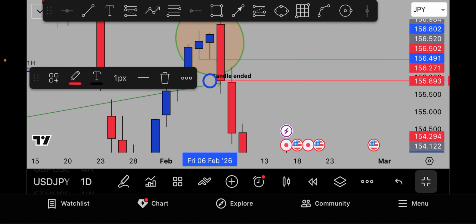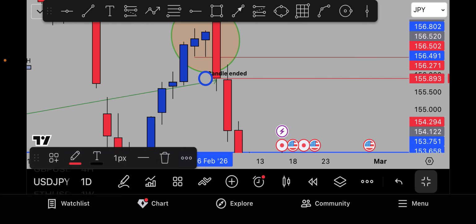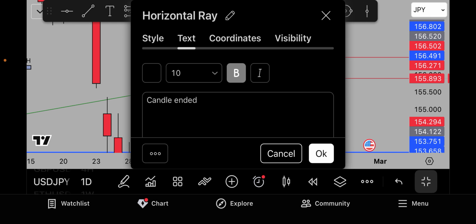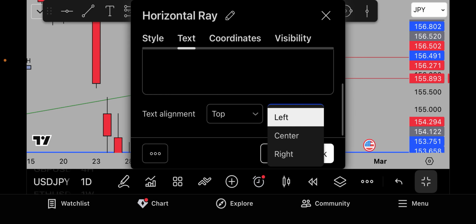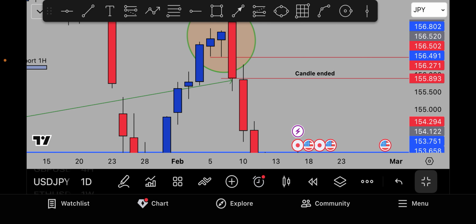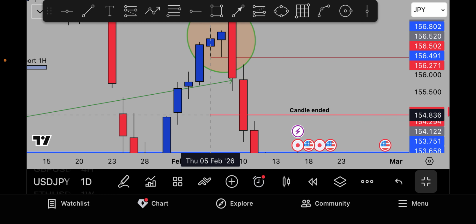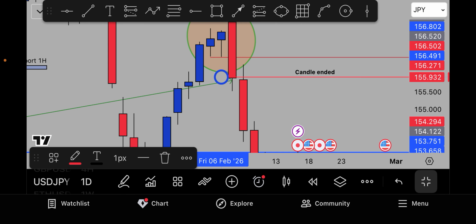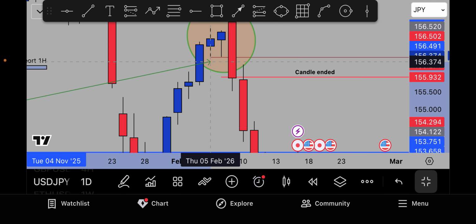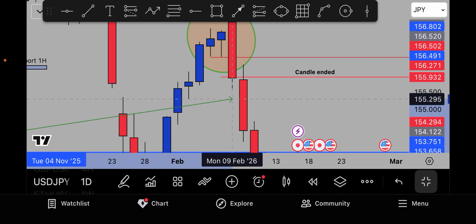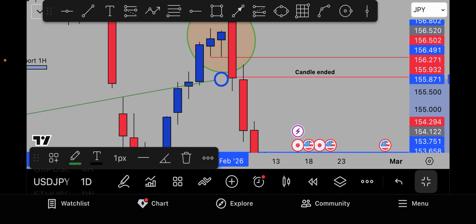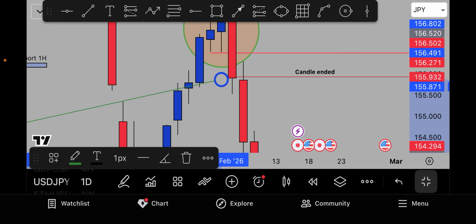Once this candle ended or closed below this wick, we now already have confirmation that price is now reversing. Why?